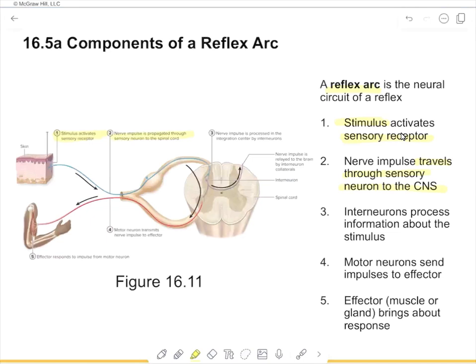And three would be that there's interneurons processing information about the stimulus. Number four is there's a motor neuron that sends impulses to the effector. And then five would be that the effector, which is a muscle or a gland, is going to respond to the impulse from the motor neuron.